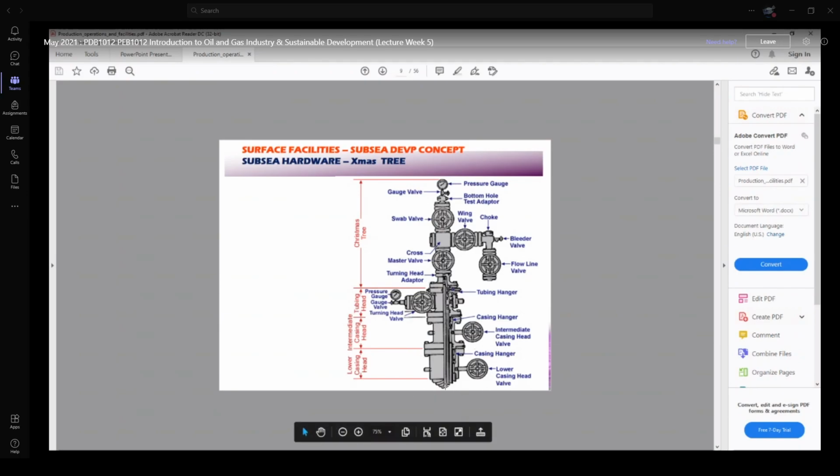Normally all these tools we install during drilling operations, for example the casing wellhead, casing head spool, tubing head spool, and intermediate casing head. But when we start producing from that well, we have to install the Christmas tree over it. Then we control the production of hydrocarbon by using this Christmas tree.